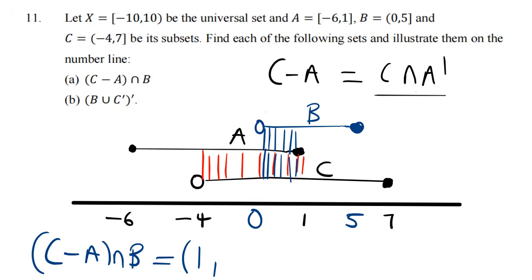Now is 5 included? No. Okay, so in this case we're just going to have 5 like that. Okay, 5 is also part of B. So basically that.